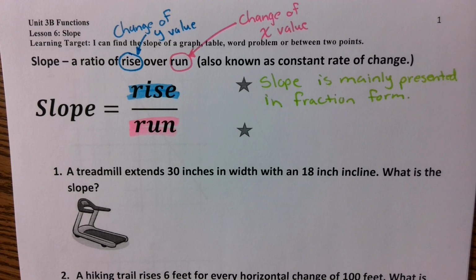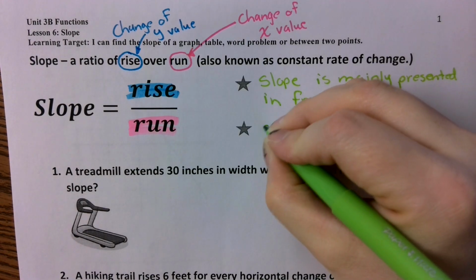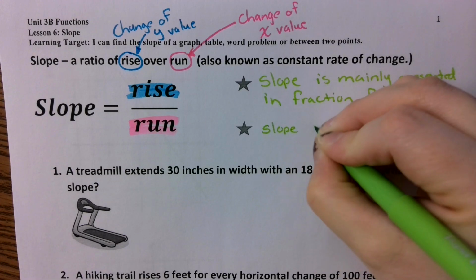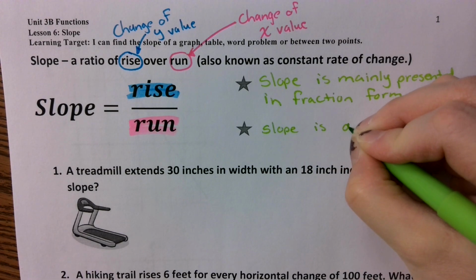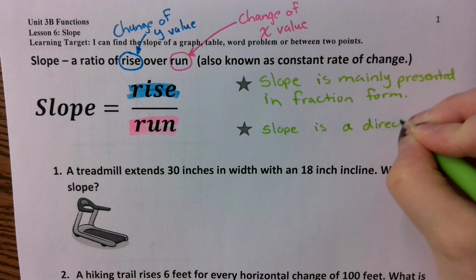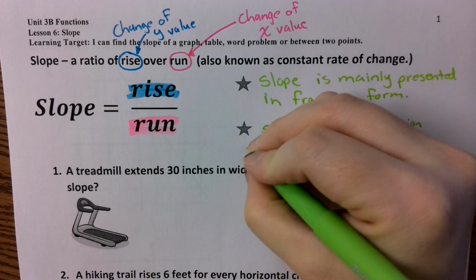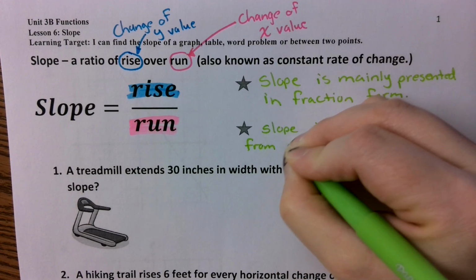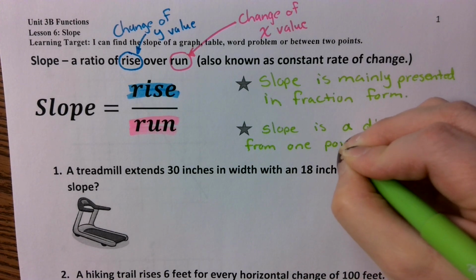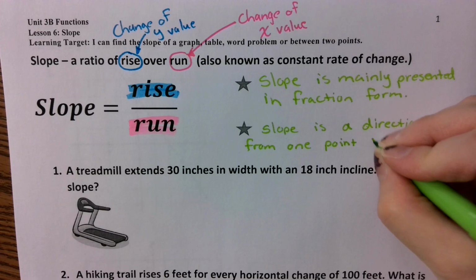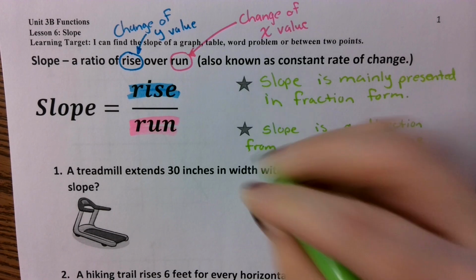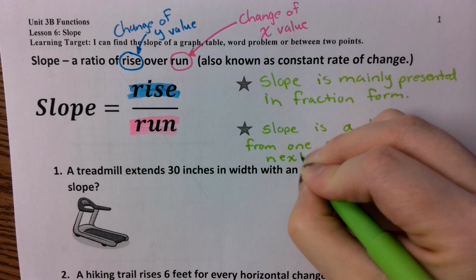Slope is going to be a direction that you are moving from one point to the next point on your graph. So slope is a direction from one point to the next.